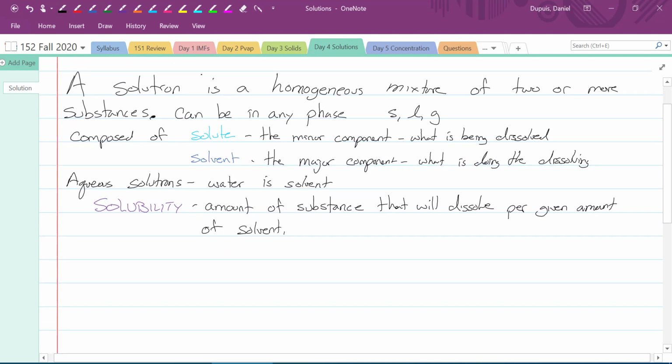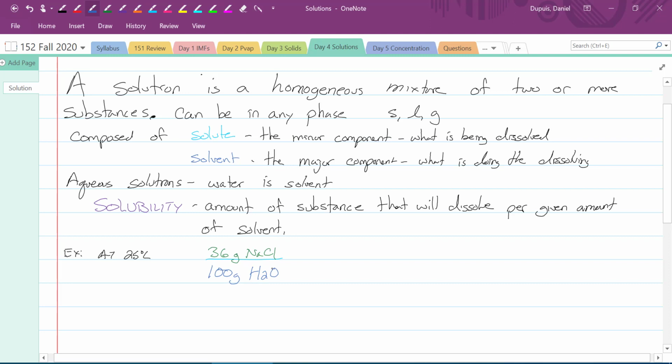Okay, so for example, at 25 degrees Celsius, we end up with 36 grams of sodium chloride per 100 grams of water.